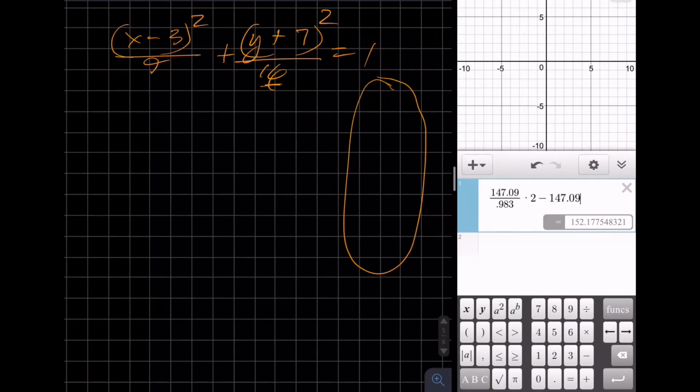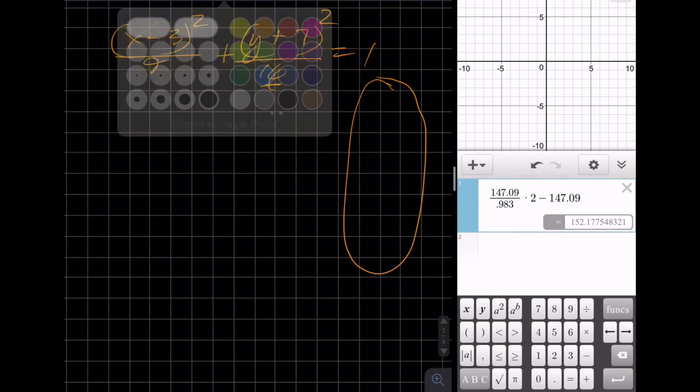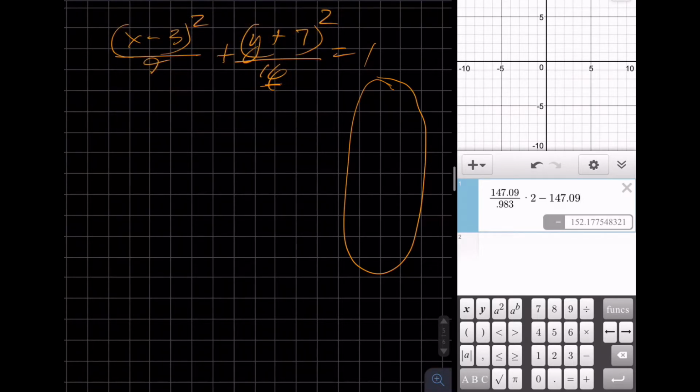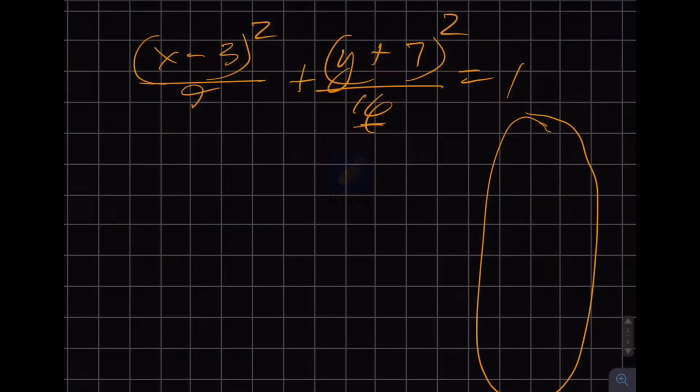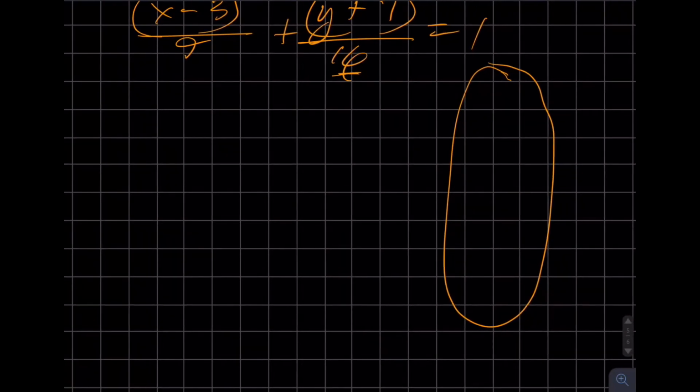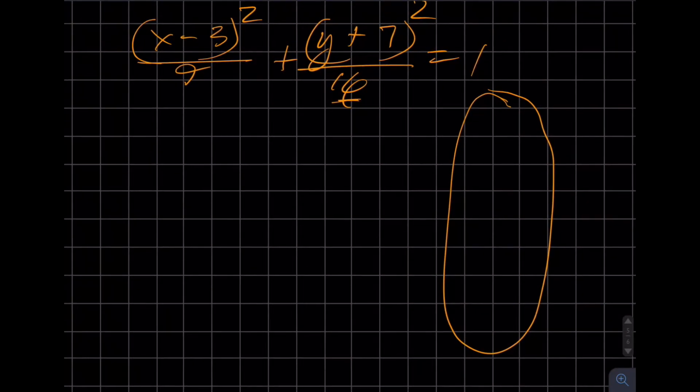Hopefully much better drawn than that, but it's not critical. Okay? And so I have a major axis. This can be viewed as 4 squared, and this can be thought of as 3 squared.